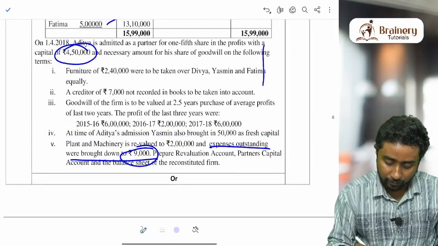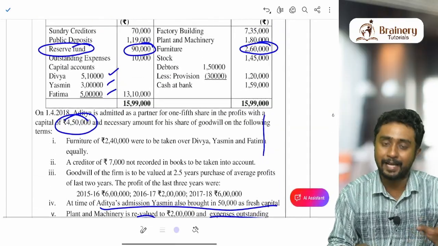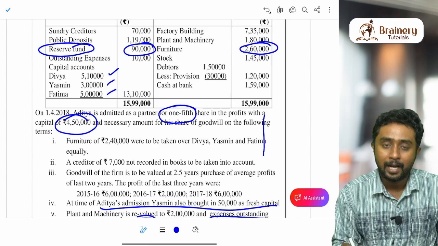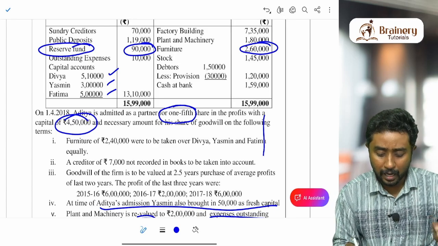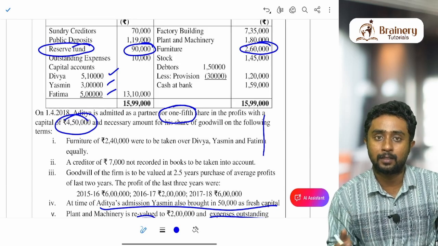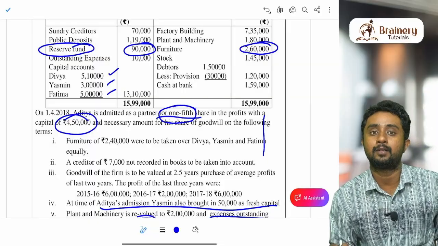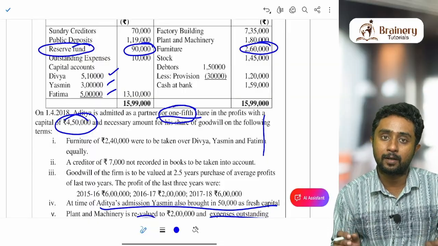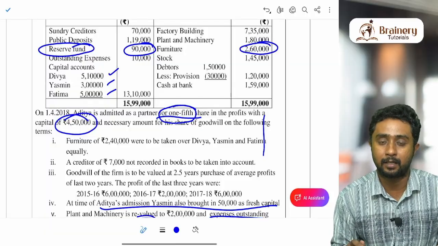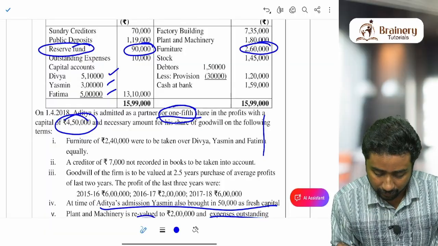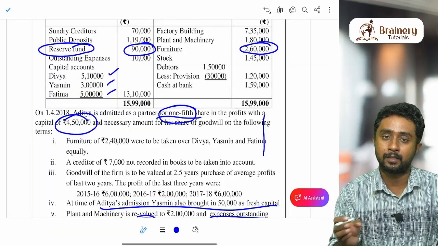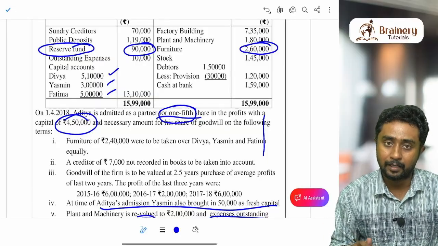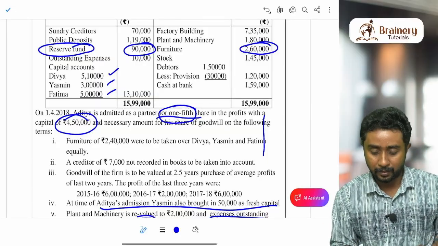Why? Because the question does not specify clearly who is sacrificing, that is, how the new person has got this share. As you can see, the new person's share is 1/5, but no additional information is given about from whom he got it. A new partner is coming into the business, and no information about his share is in the question.